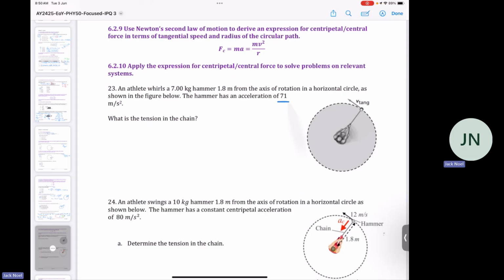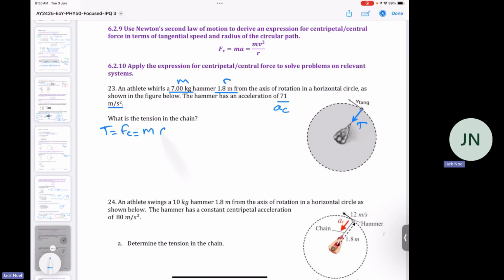So 71 meters per second squared is the centripetal acceleration. 7 kg is the mass, and 1.8 meters is the radius. What is the tension in the chain? They want the tension, which is this one. They want the tension force. So the tension force is a centripetal force.